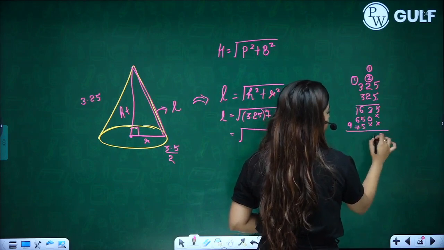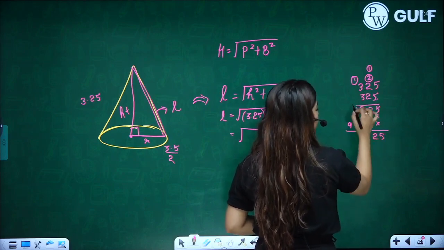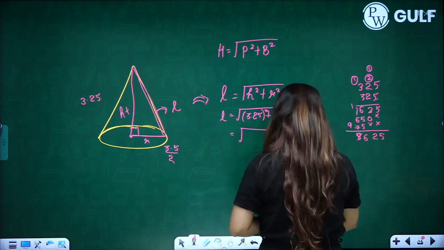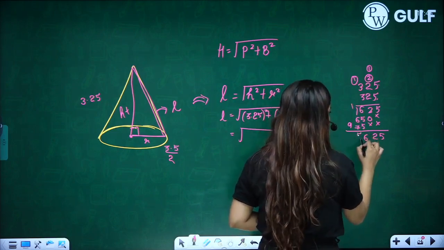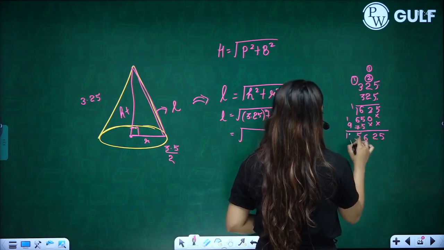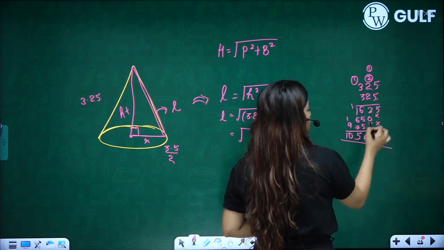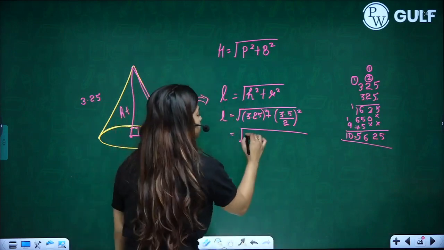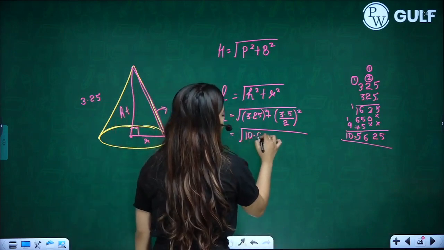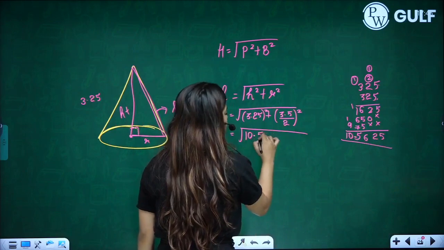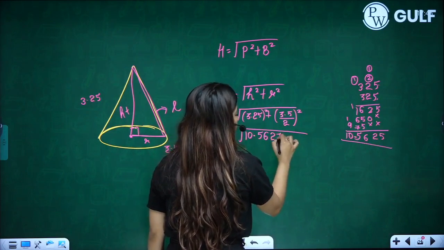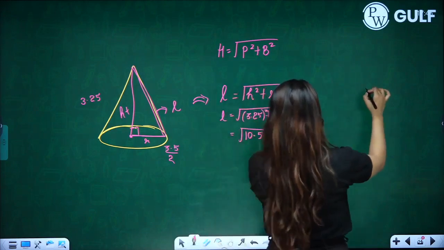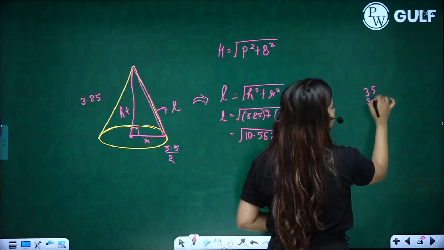Then with the decimal over 4 places, we have 10.5625. Right? Then we just do 3.5 square.